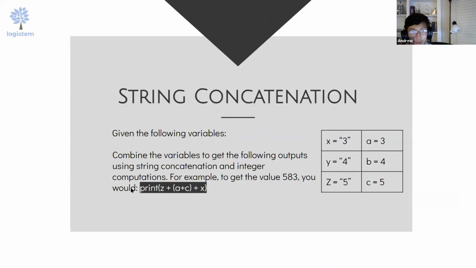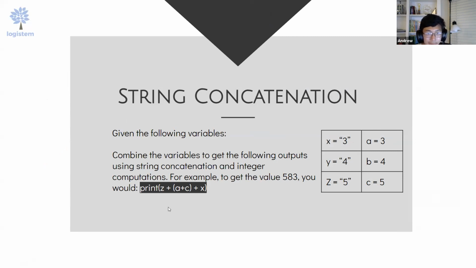So here's another problem that combines string concatenation with the integer operations that we had before. Given the following variables, X is the string 3, Y is the string 4, Z is the string 5, A is the number 3, B is the number 4, and C is the number 5. So these three are integers, these three are strings.